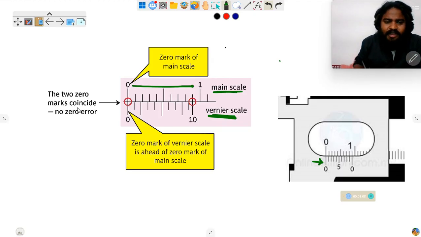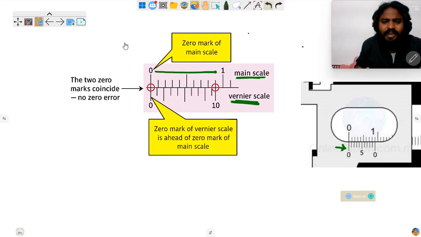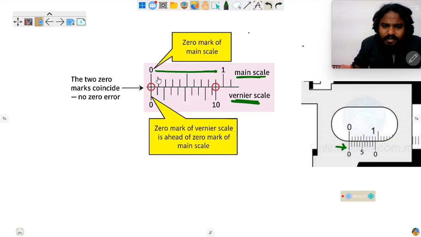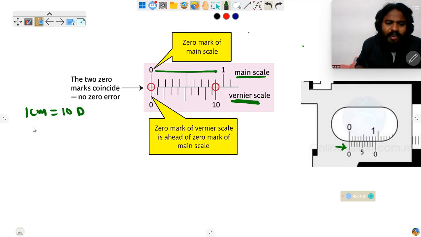So now let's once again review small things which we have discussed in the last class. If you observe carefully, here there are 10 divisions. 1 centimeter is divided into 10 divisions, right? 1 centimeter is equal to nothing but 10 divisions. Now from this, why can I tell that 1 by 10 centimeters is equal to 1 division?